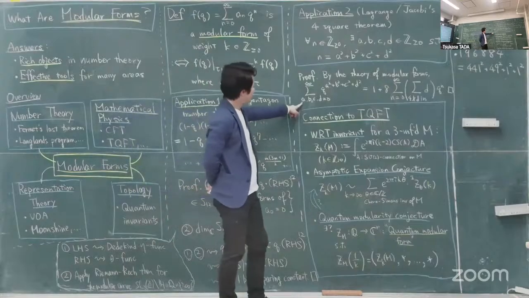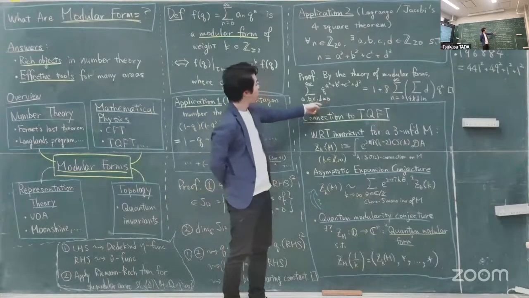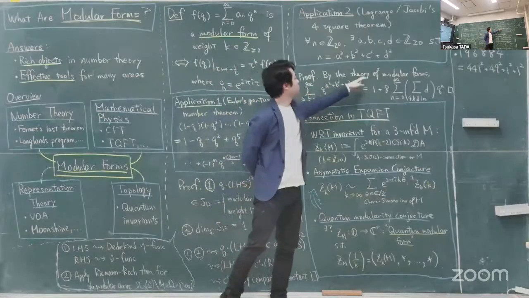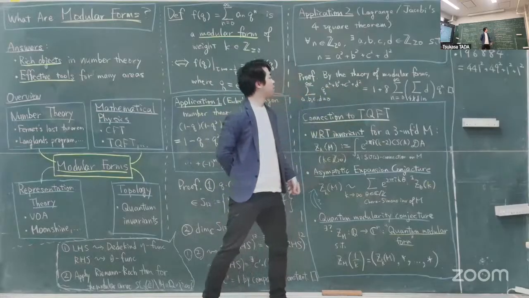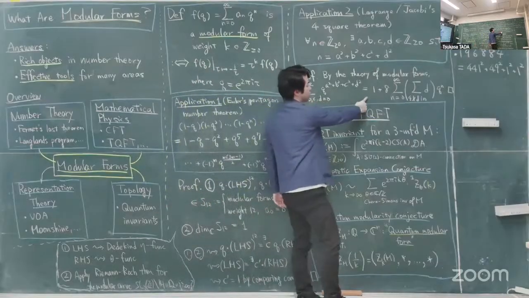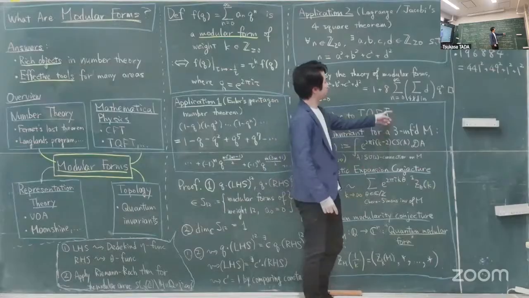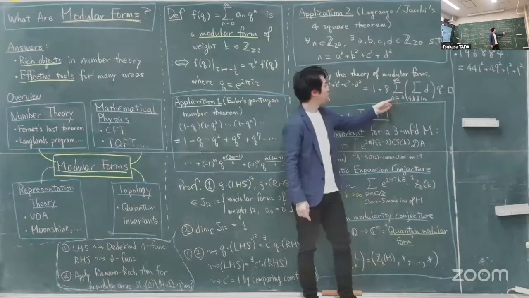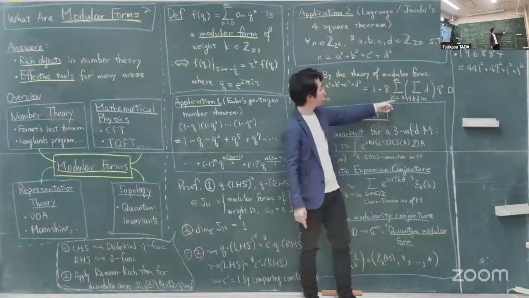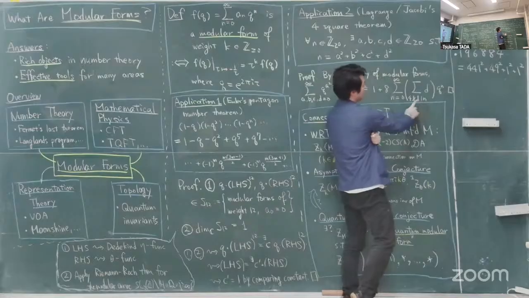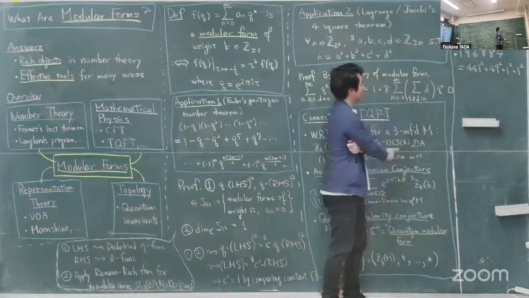The sum over non-negative integers a, b, c, d of q to the sum of 4 squares is equal to 1 plus 8 times the infinite sum, n equals 0 to infinity, of the sum of divisors d of n which are not divisible by 4, of d.